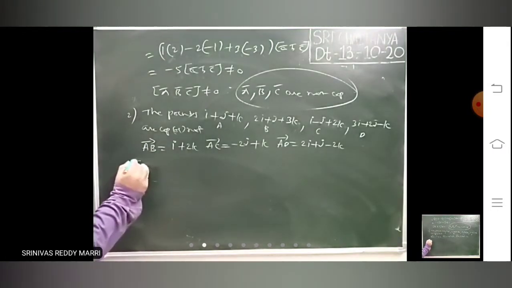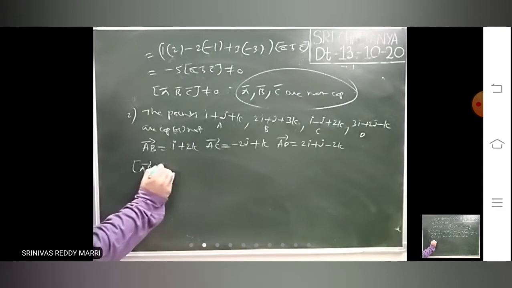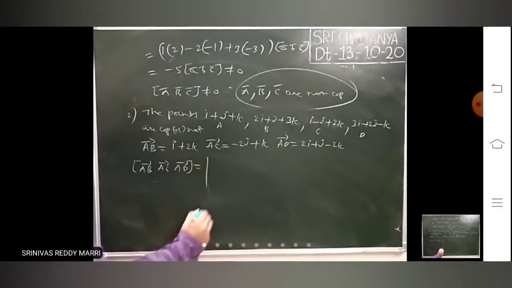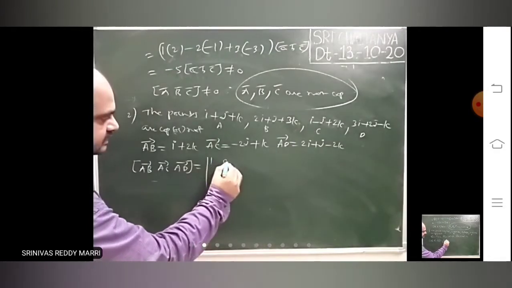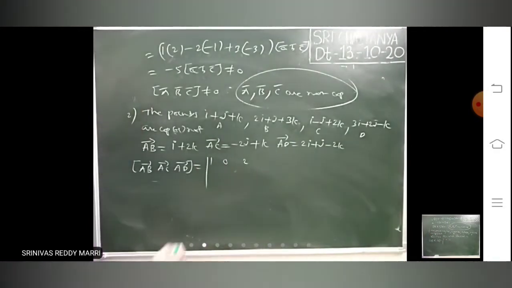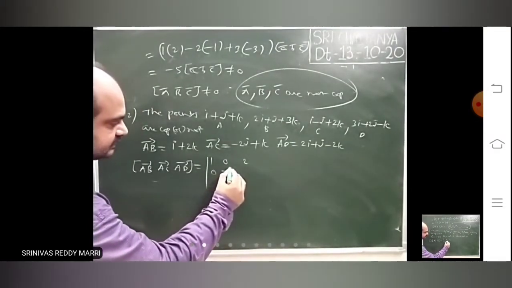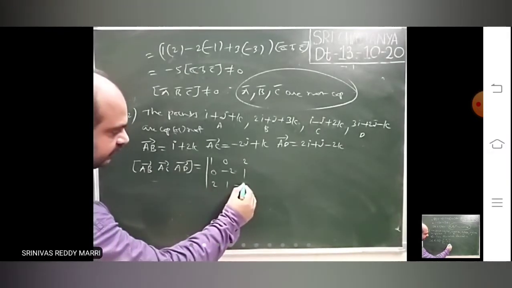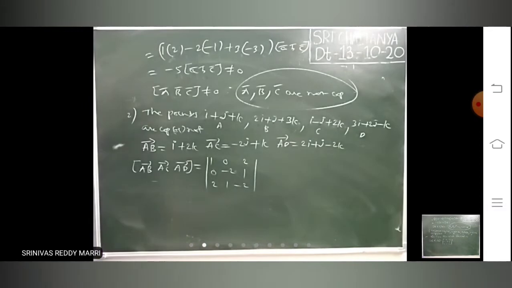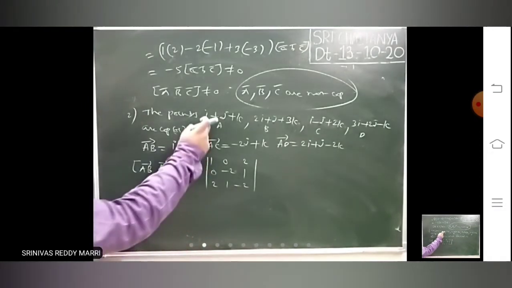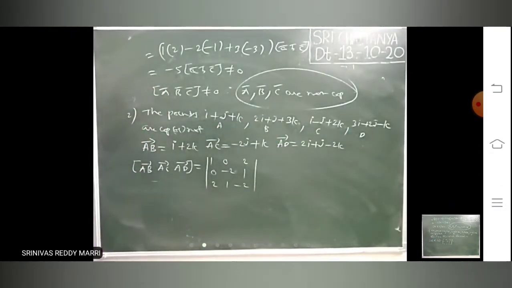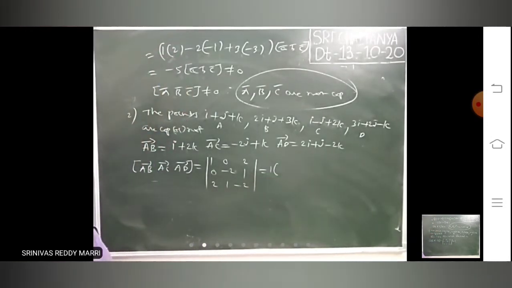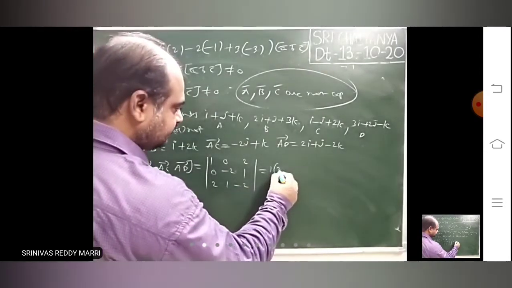Now the scalar triple product of these three vectors is nothing but: 1 0 2 first vector, 0 minus 2 1 second vector, 2 1 minus 2. No need to write i, j, k, because it is given in terms of i, j, k. So that means 1 into 4 minus 1, 3.